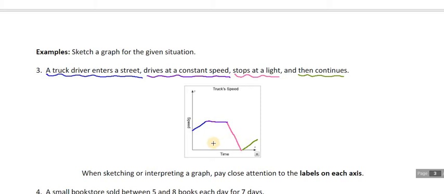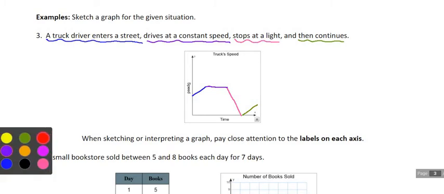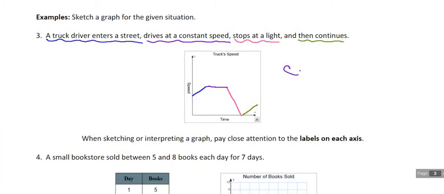So these axes labels are really important. This would be a continuous situation, because time itself is continuous, and the speed with respect to time is going to remain continuous. So this was a continuous graph. It's connected.